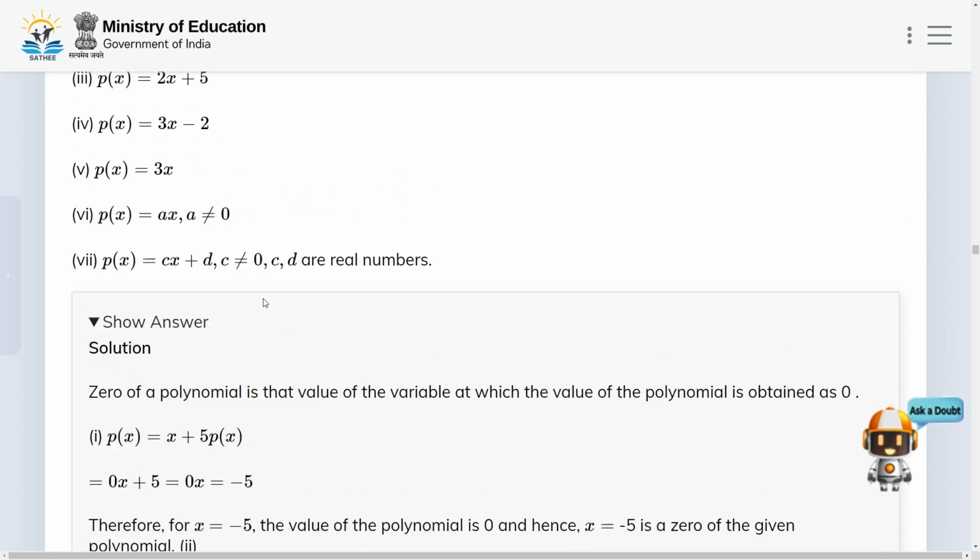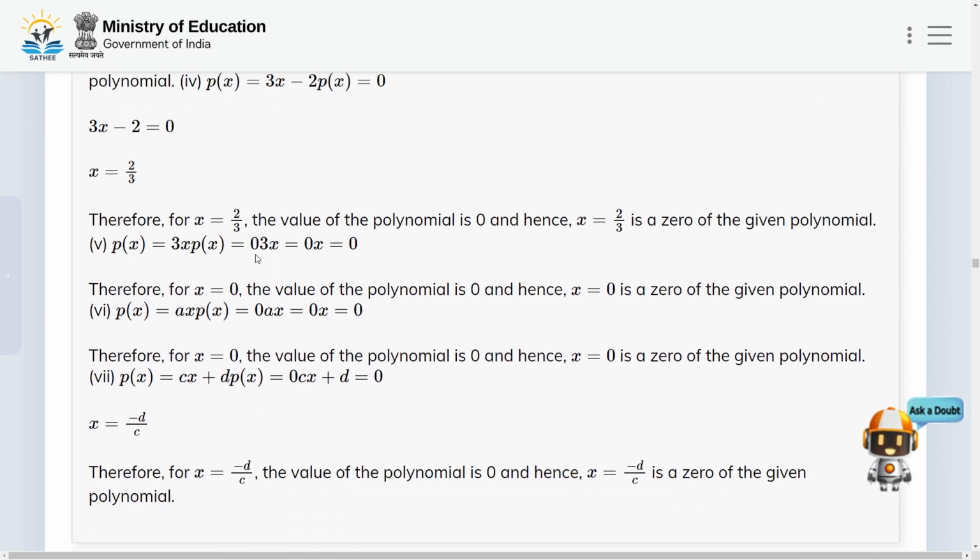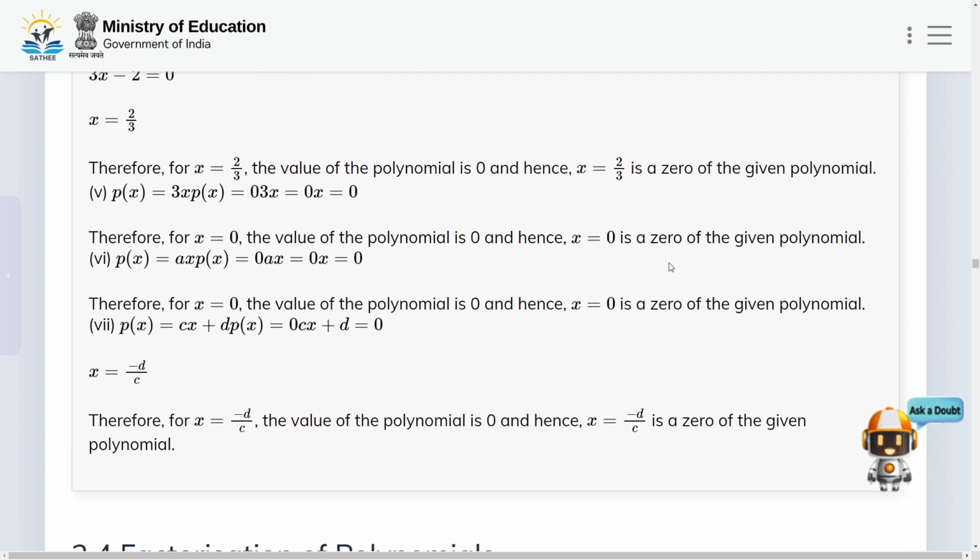And now let us find the 0 of p of x is equal to 3x. So p of x equal to 3x is equal to 0. It implies x is equal to 0. Okay, so for x equal to 0, the value of the polynomial is 0. Hence, x equal to 0 is a 0 of the given polynomial.